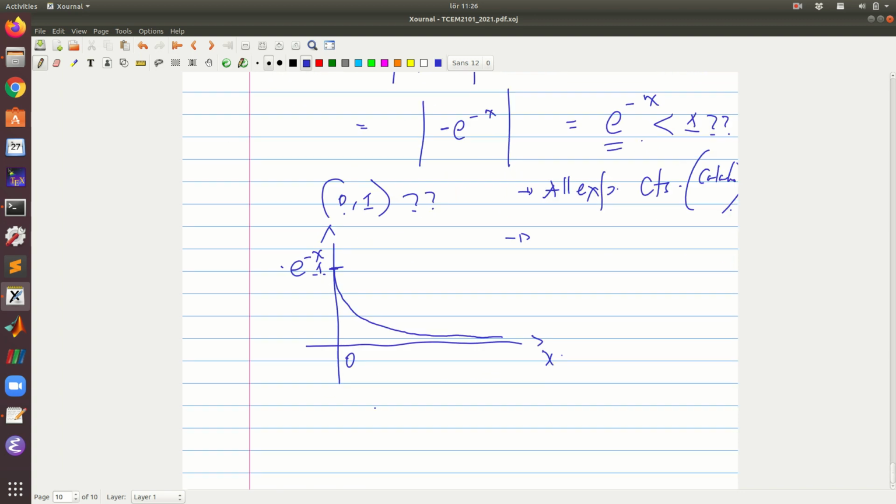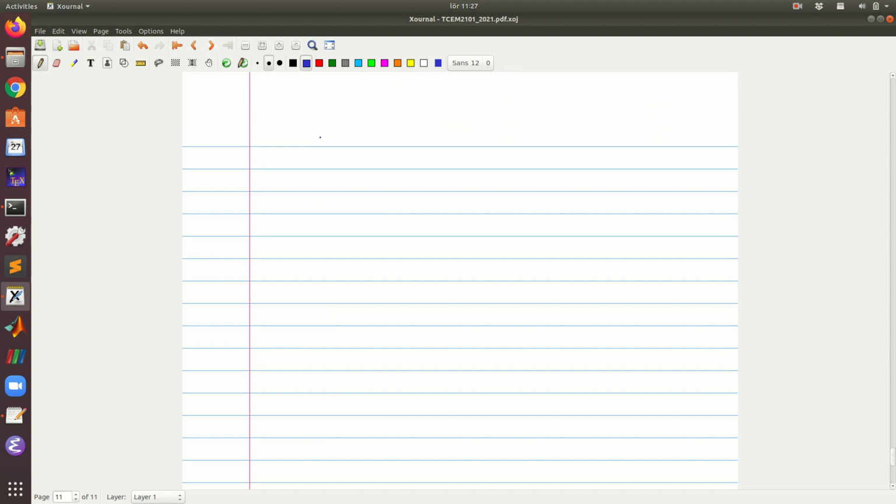So the next thing, we are going to compute x n plus 1. In other words, we are going to use this sequence, x n plus 1 equals e to the power negative x n. So we choose an initial root between 0 and 1, maybe x naught.